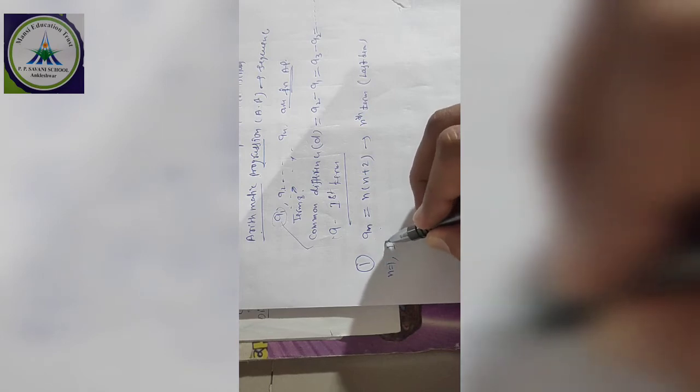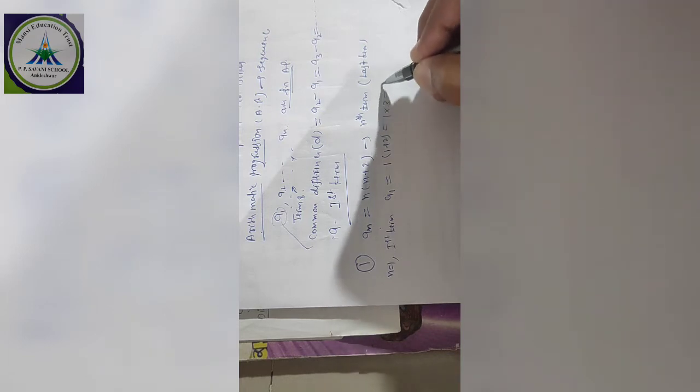So find the first 5 terms. Putting n equal to 1, this is the first term, A1: 1 into 1 plus 2, 1 into 3, equal to 3. Right? N equal to 2, second term, A2: 2 into 2 plus 2, 2 into 4, 8.